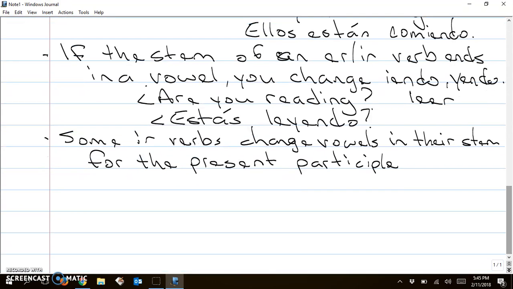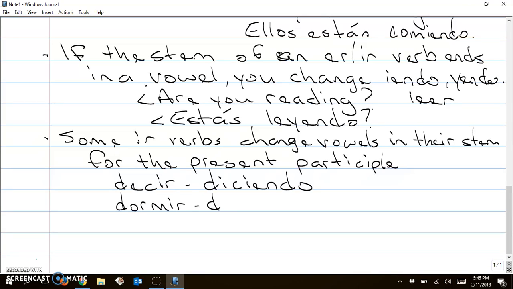So, for instance, decir is diciendo. Dormir is durmiendo. Now, where have you seen this before? In preterite stem changers. I'm not sure if we've actually seen those, but preterite stem changers.